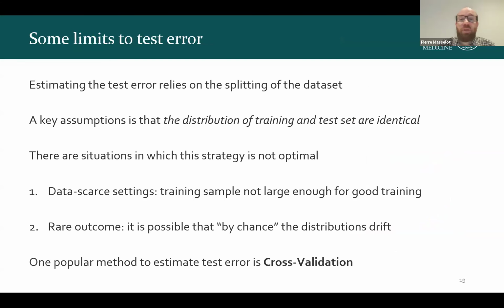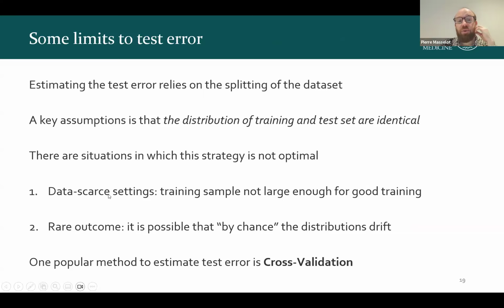So there are some limits to the test error that I showed. The test error relies on splitting the data set, and the key assumptions for it to work well are that the distributions of the training and test set are identical, but also that they are independent. There are situations in which this strategy is not optimal.